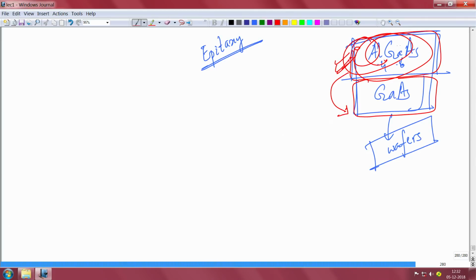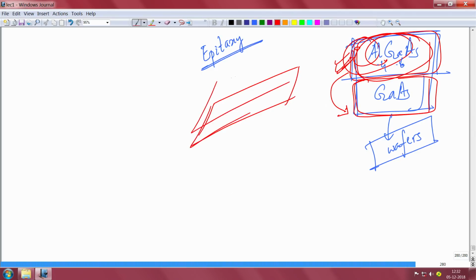So aluminum gallium arsenide cannot have an arbitrary crystal structure, it has to mimic the crystal structure of the material below. That's called epitaxy, and typically it is done by a couple of techniques in which you can deposit aluminum gallium arsenide one layer, the next layer, the next layer.